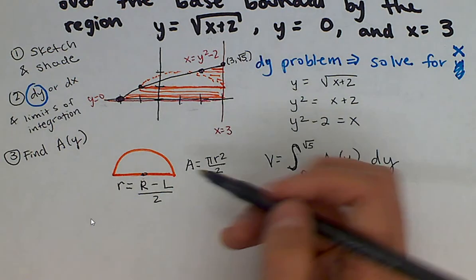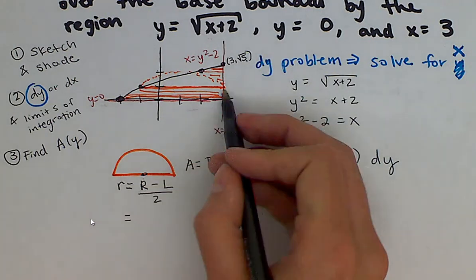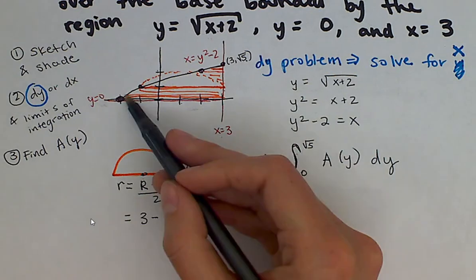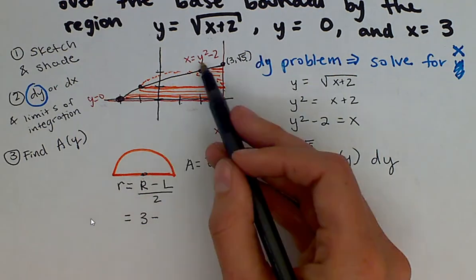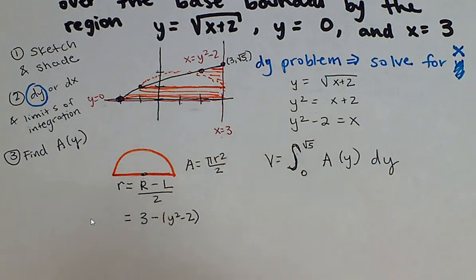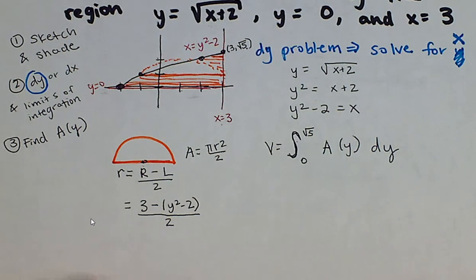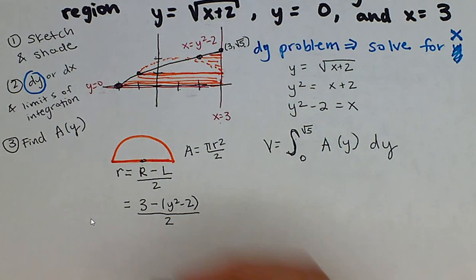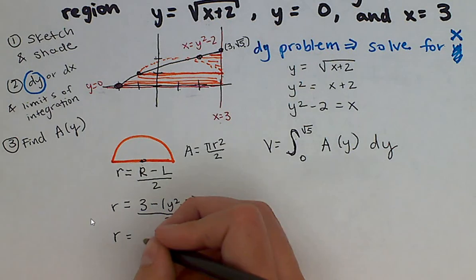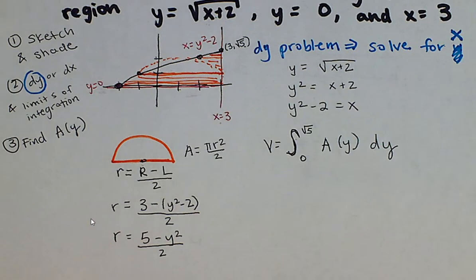This is right minus left. So this right function is x equals 3. The left function over here is y squared minus 2. And this is all divided by 2. So to simplify just a little bit more, we have 5 minus y squared divided by 2 is my radius.